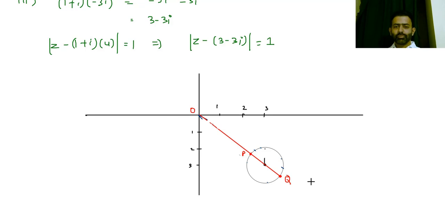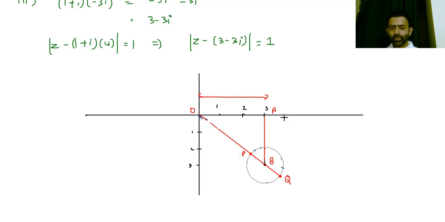And what will be this distance? Now as you can see, this horizontal distance is 3 units, this vertical distance is 3 units. So in this triangle, let us say this point is A and this point is B, the center.